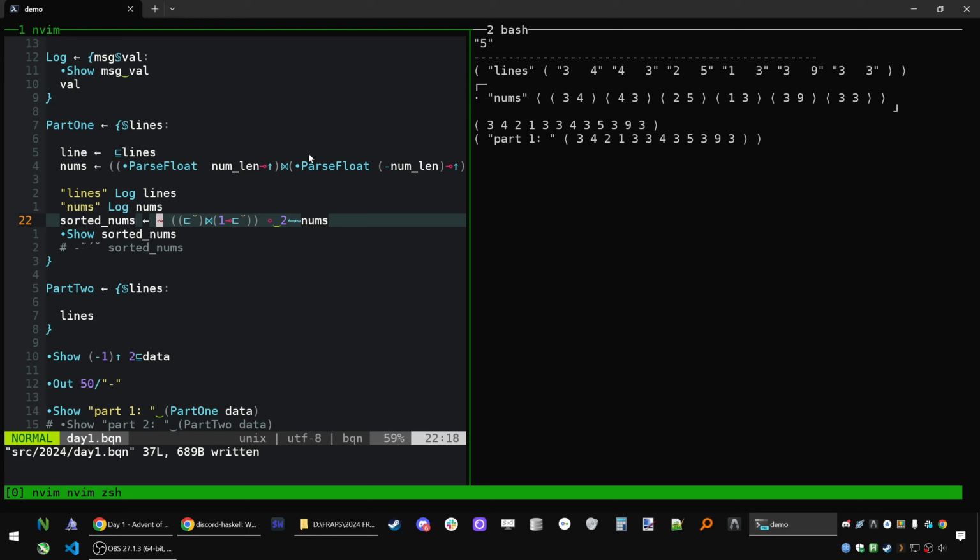Isn't it actually? Hold on. 3, 4, 4, 3. So if I turn this into a 3, 4, 2, 1. Oh, that's interesting. Where does the 2, 1 come from? Because that should be, if my nums are truly.